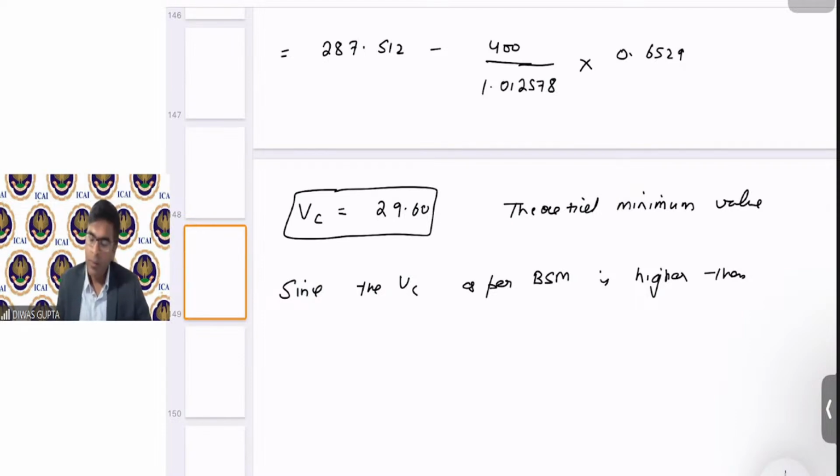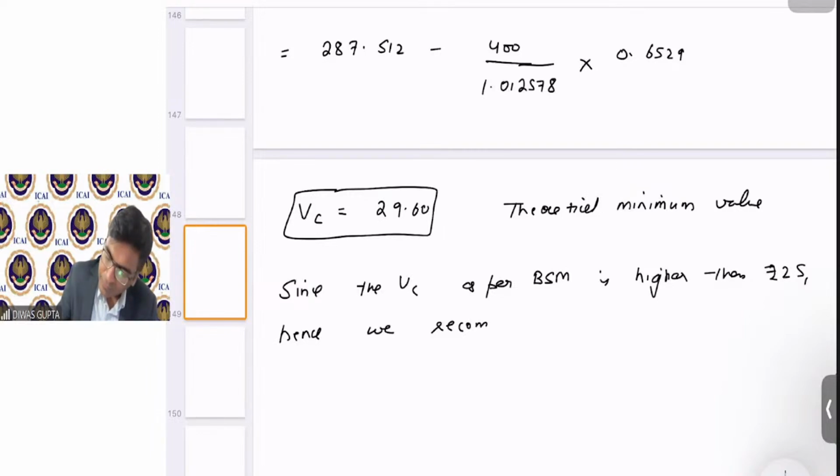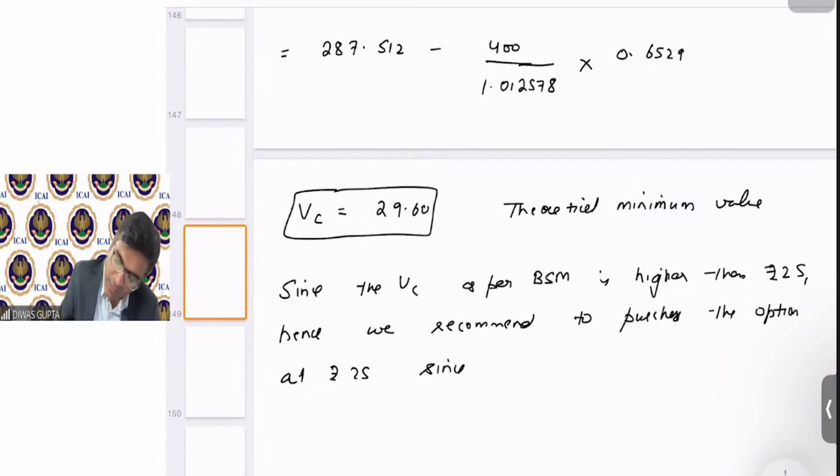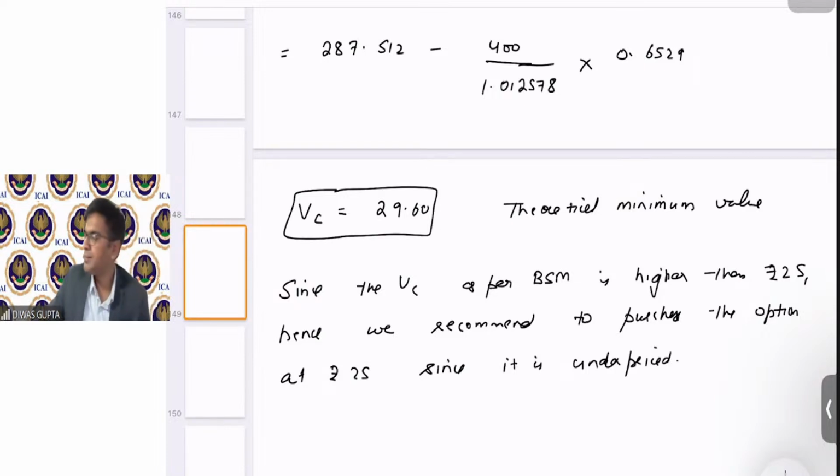Hence, we recommend to purchase the option at rupees 25 since it is underpriced.